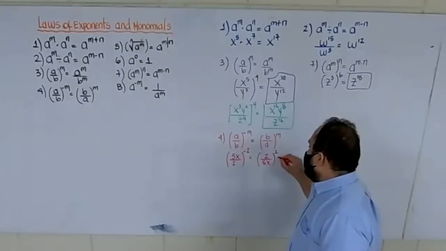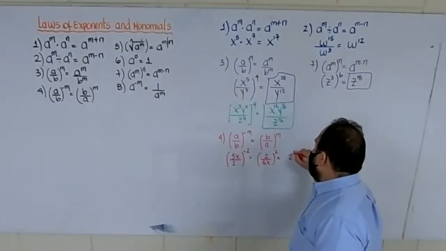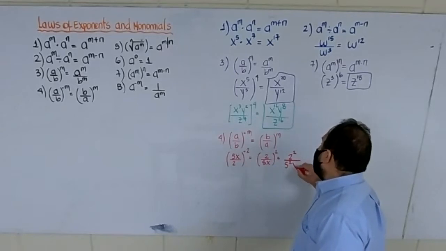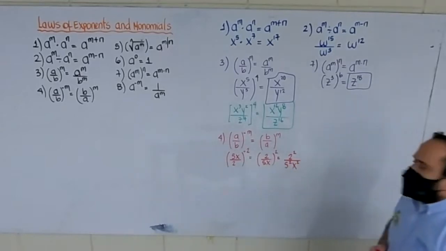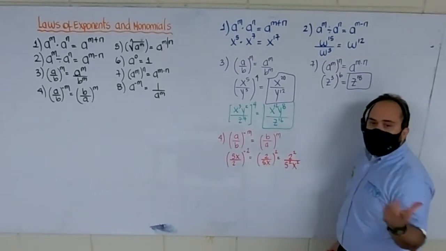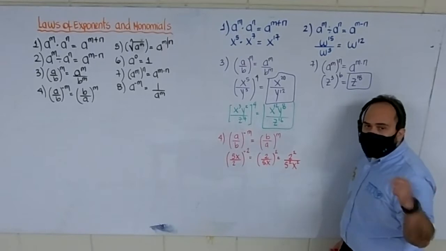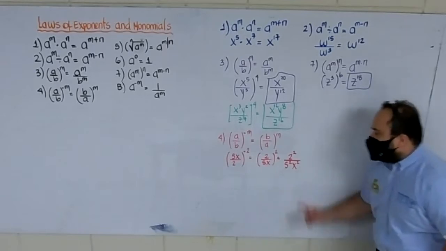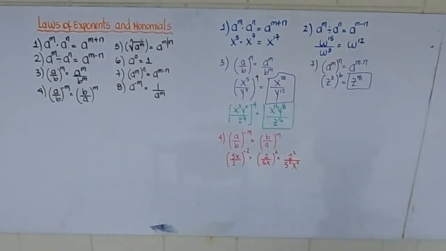What will be equal? It will be 2 to the second power over 5 to the second power and x to the second power. Because for 2, 5, and x, we have an imaginary number 1 as the power. So would you like to tell me what is the value of 2 to the second power? 4, right?